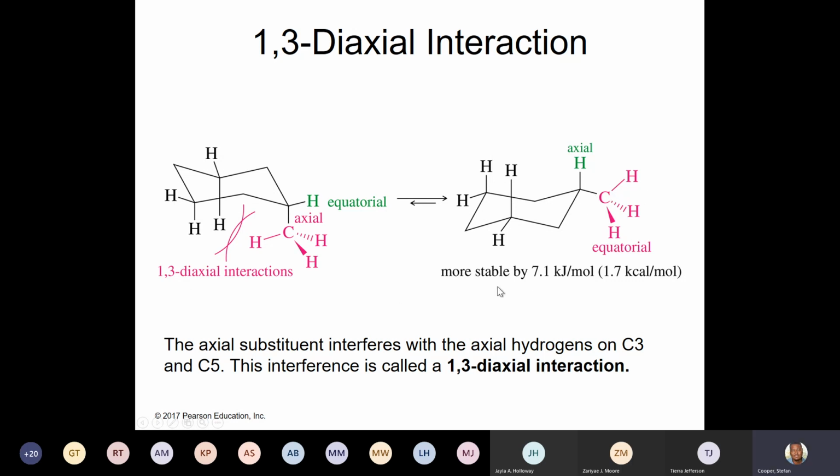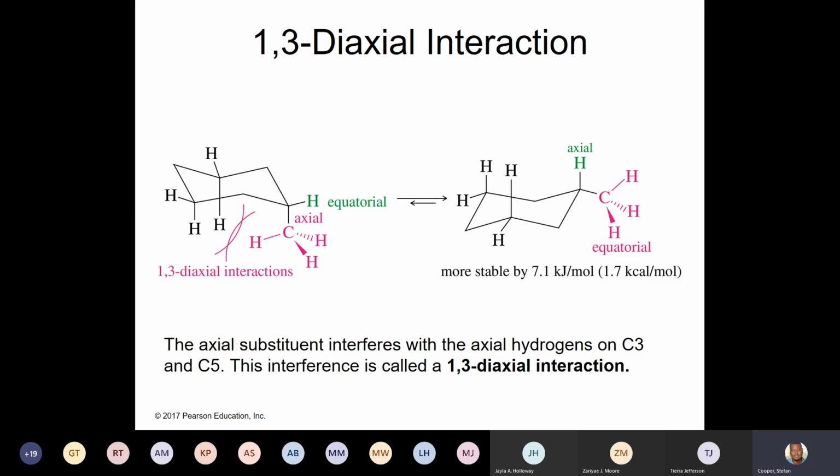If we look at the energetics here, this is more stable by 7 kcal per mole, or you can use kilojoules as well. So placing this large group equatorial is preferred. Any questions so far? I just want you to take home that placing larger constituents equatorial is going to be the preferred conformation that these rings or chairs like to have.